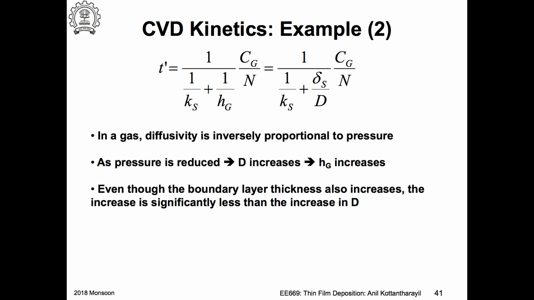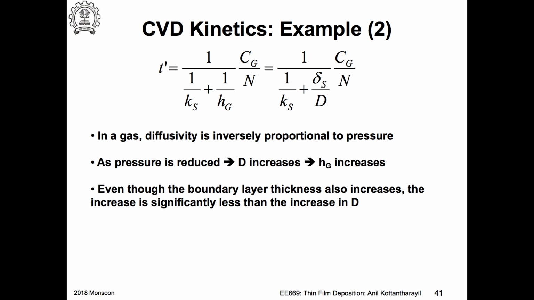Which means that the boundary layer thickness would also increase. Pressure decreases, density decreases, and delta is inversely proportional to the square root of rho. So when the pressure decreases, rho decreases, and this would also increase.